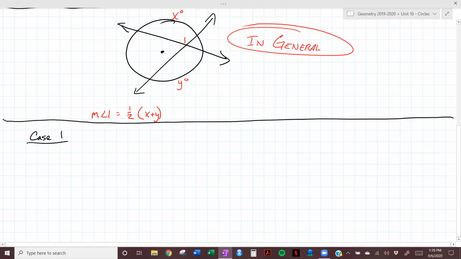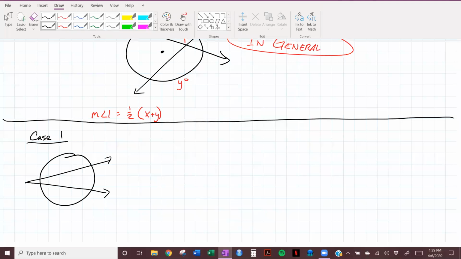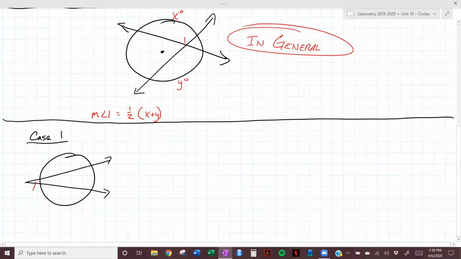We have a circle and 2 secants there. Angle 1 is right there. A degrees is this arc right there, and B degrees is here. So the measurement of angle 1 is going to equal 1/2 B minus A.